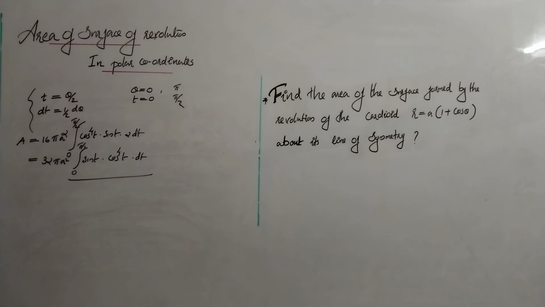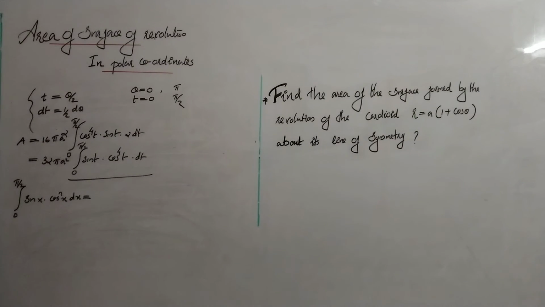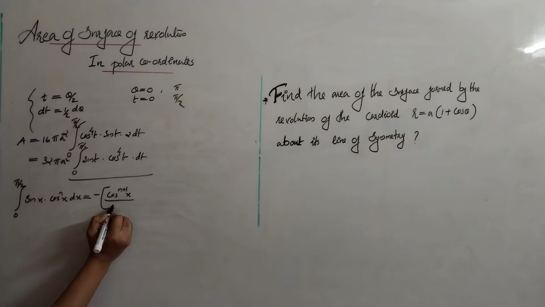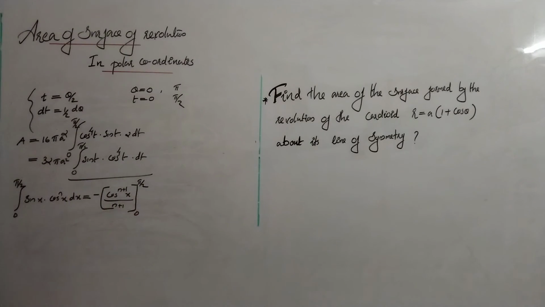Here we can use a standard integration, that is the reduction formula of integration, that is integral 0 to pi by 2 sin x into cos raised to n x into dx is equal to minus of cos raised to n plus 1 x divided by n plus 1, with limits varying from 0 to pi by 2.